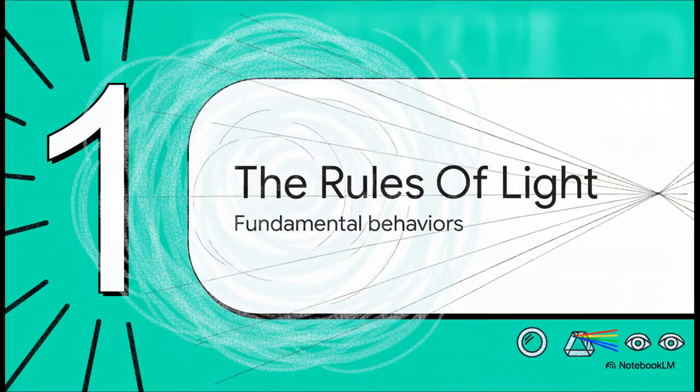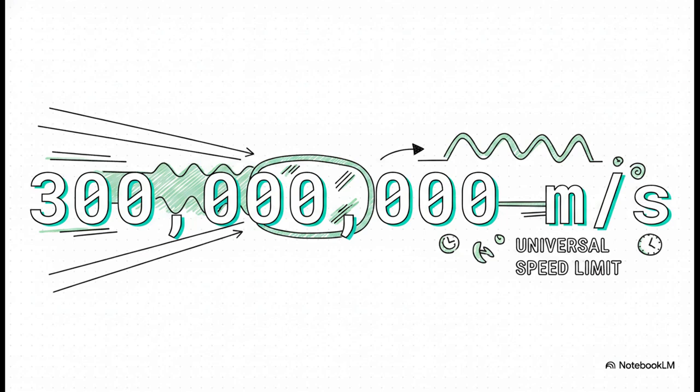So, let's start with Section 1, the rules of light. Before an optician can even think about crafting a lens to fix your vision, they need to understand exactly how light behaves in the wild. Light is a form of electromagnetic radiation, and naturally it travels in perfectly straight lines. And in a vacuum, it travels at an absolutely staggering speed. We're talking 300 million meters per second.